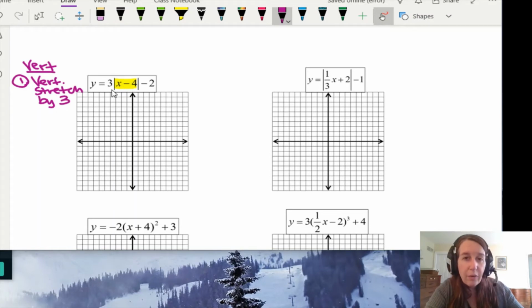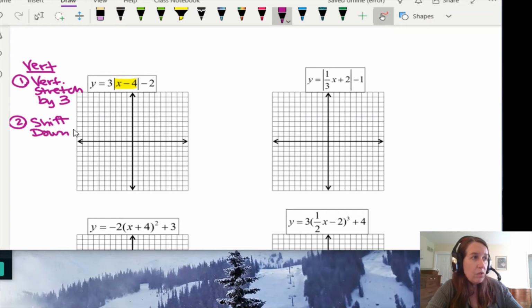We did that one on the front where we had 3 times the function. The second thing that I have in the vertical direction is minus 2. That's that shift down. So that is a vertical shift down 2. Those are the two things that I am doing in the vertical direction.